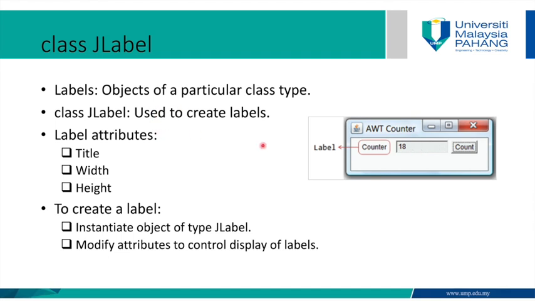To create this label, you have to use the class JLabel. The attributes for JLabel are title, width, and height. To create the label, you instantiate an object of the type JLabel, and then you modify the attributes to control the display of the label.